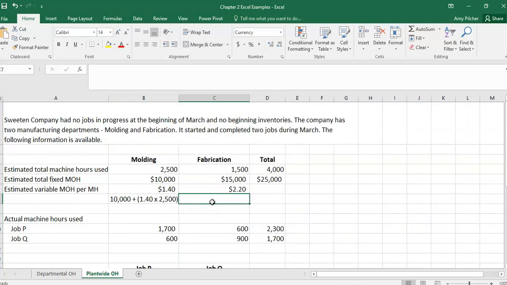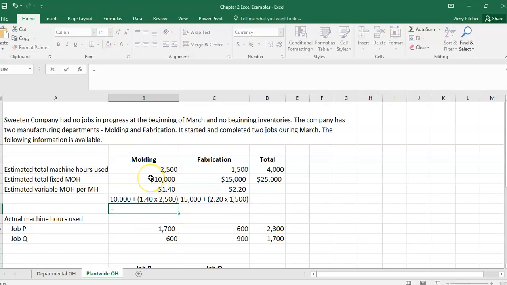And for fabrication, that would be our fixed cost of 15,000 plus our variable cost of $2.20 times 1,500 hours. So if we let Excel do that math for us, we take the fixed cost plus our variable cost times the number of machine hours.